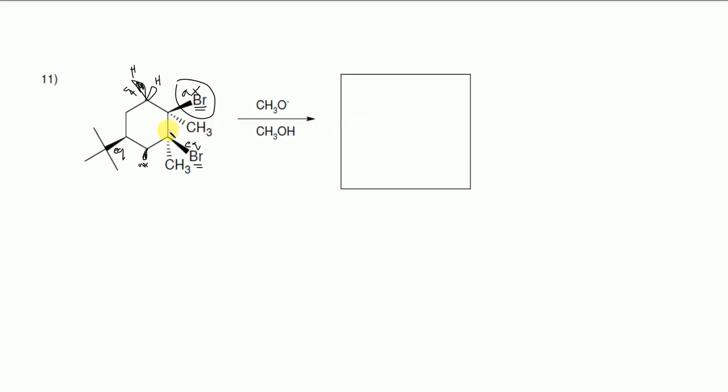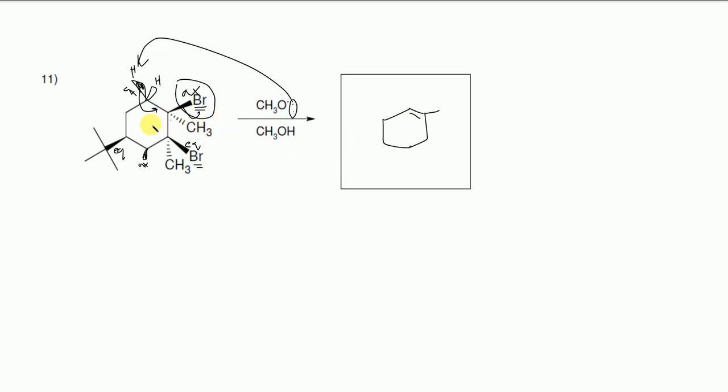So I'm going to deprotonate this, and this is going to form a double bond right there, and this is going to get kicked off. All right. So I form this CH3 right there. Okay, and I want everyone to know when you form a double bond, you remove stereochemistry.